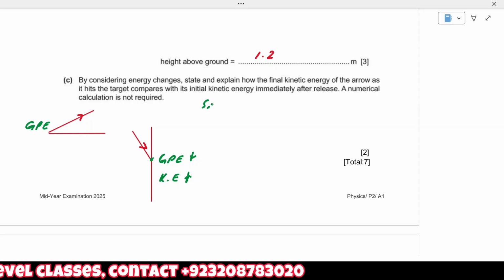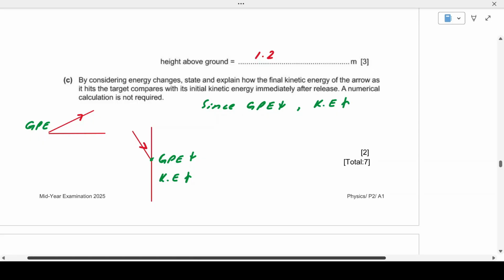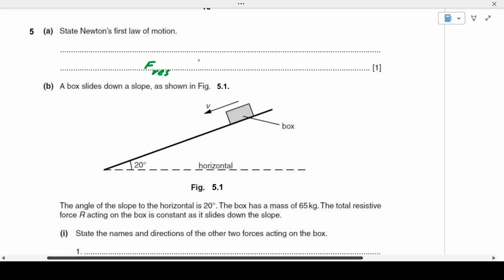So since GPE decreases, it implies kinetic energy must increase to conserve energy. Newton's first law: an object at rest stays at rest, and an object moving with uniform velocity keeps moving with uniform velocity unless acted upon by a resultant force.